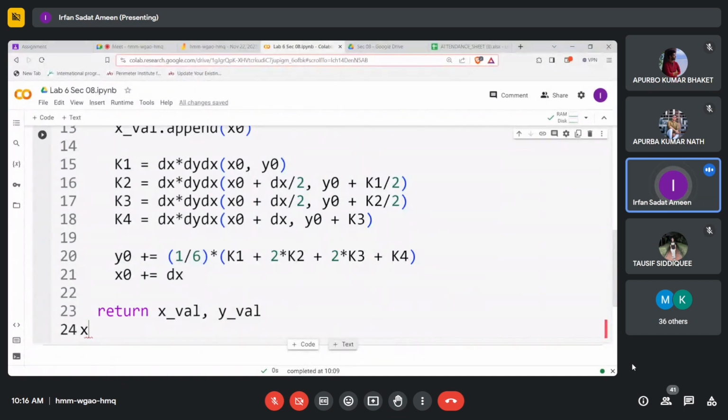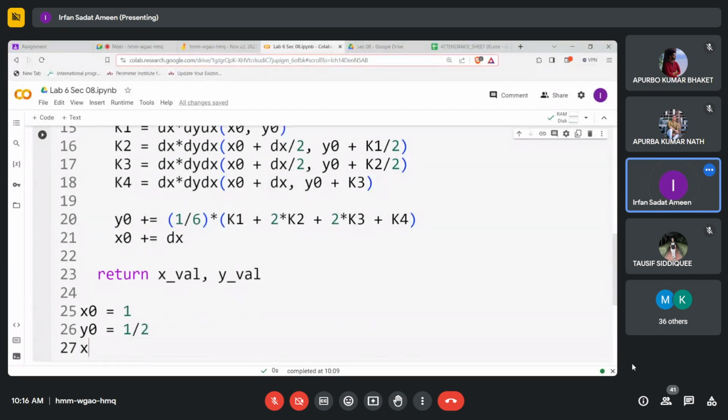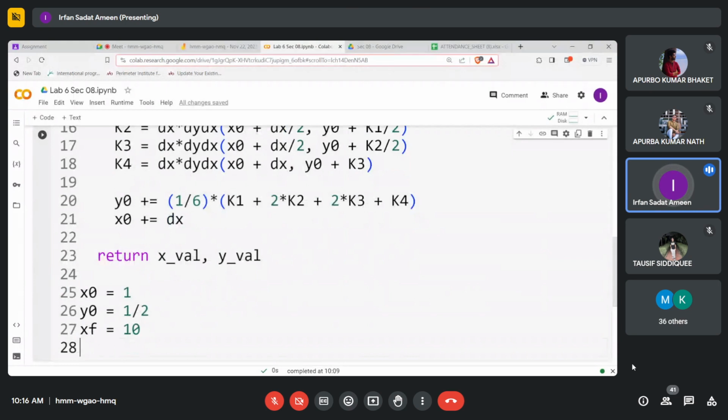We don't need that. So our initial value of x is 1, and for that value of x our y is half, and then the final value, I guess last time we took 10, but that's up to you, or it will be given in the question. And then for n, let's take 1000.